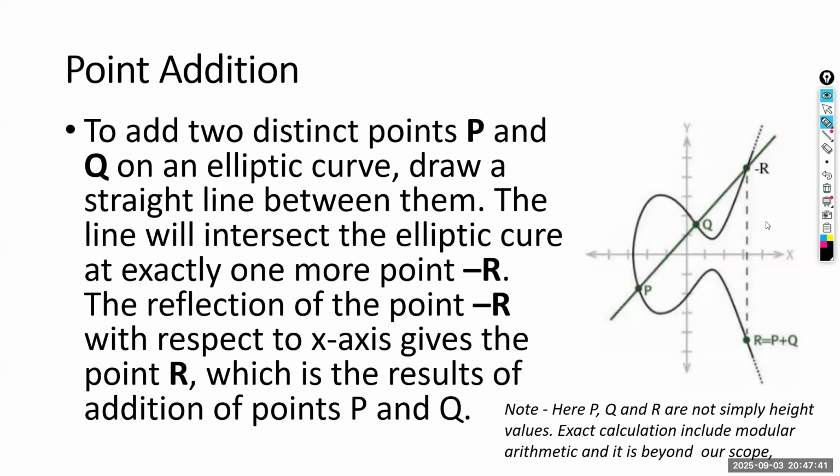Okay. So then this P plus Q is R. Actually, this is minus R. This is R. Don't think that we are just measuring the heights. No, there's something else going on. Actually, it's a distance between the coordinates. So just remember this, when you connect these things, what you get is minus R.